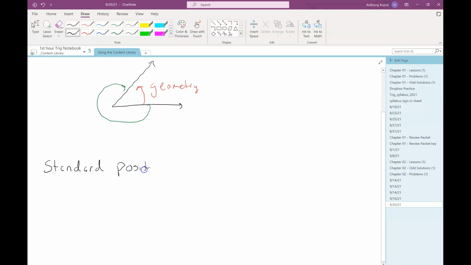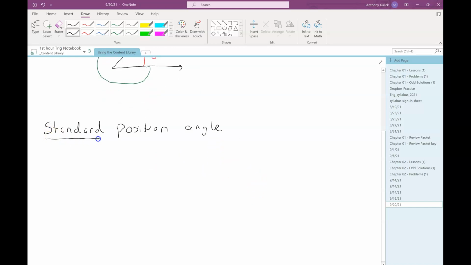So if we talk about a standard form or standard position angle, we're going to take an XY axis and we're going to embed our angle into the XY axis.